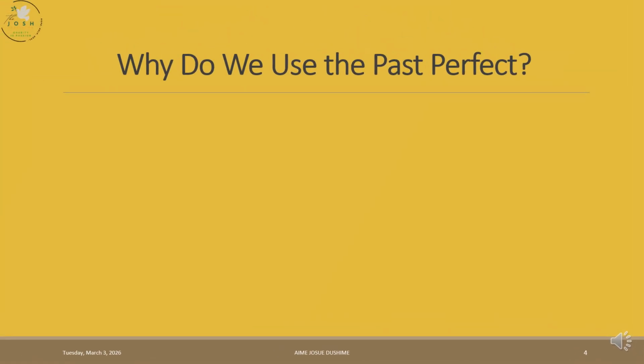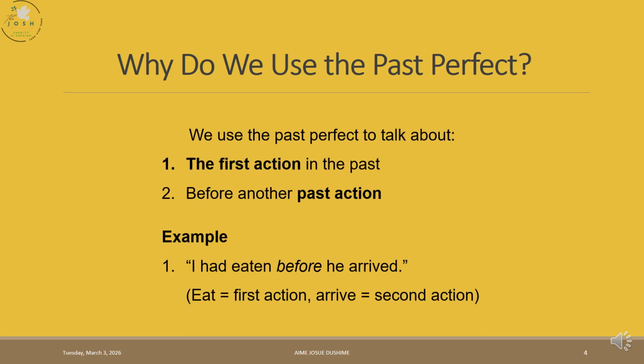We're going to understand why we use the past perfect. Why are you learning past perfect? One, we use the past perfect to talk about the first action in the past before another past action. Simply, we have two actions in the past. Like this time when you're watching a video, think of the two actions that you did or that happened today, early morning or before this time.